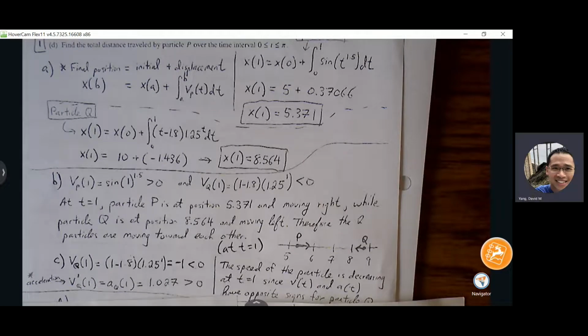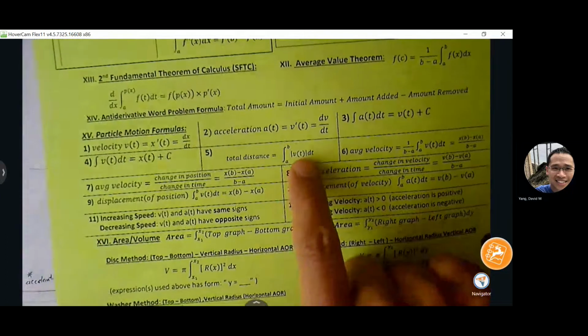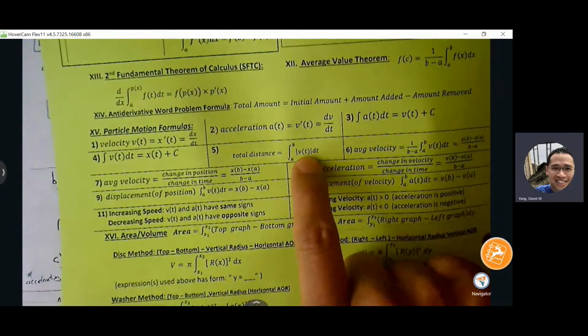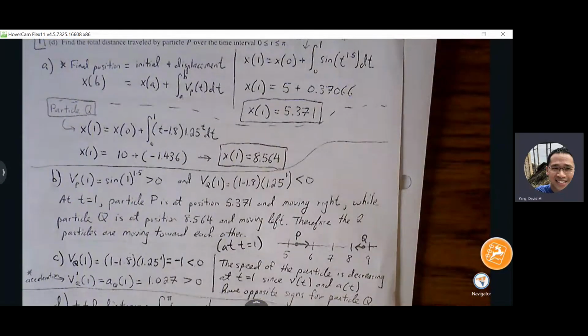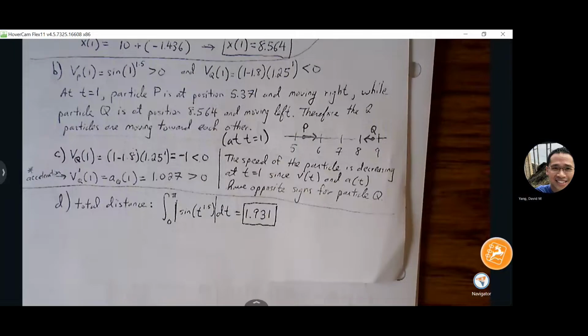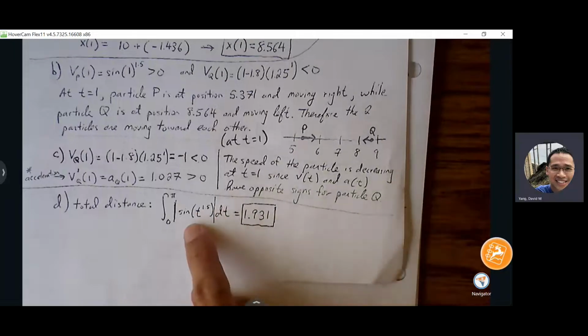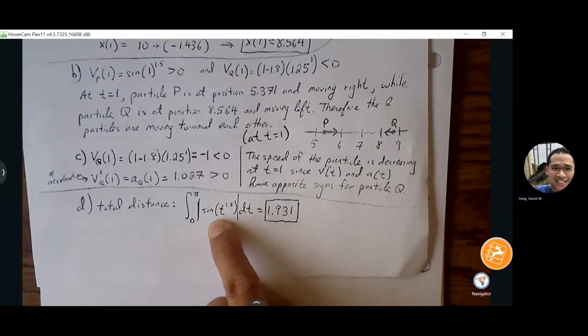It's similar to displacement, but we have to involve what? This is where our calculator can really help us out. Integral of the absolute value, yeah, total distance. So part D is actually the easiest part of this problem. We just set it up and put it into our calculator.